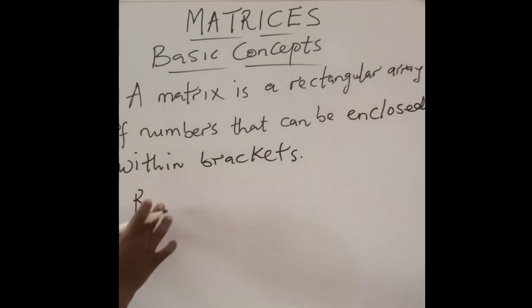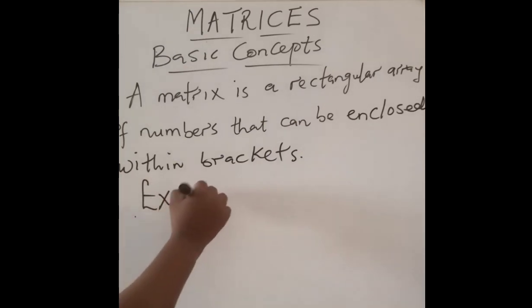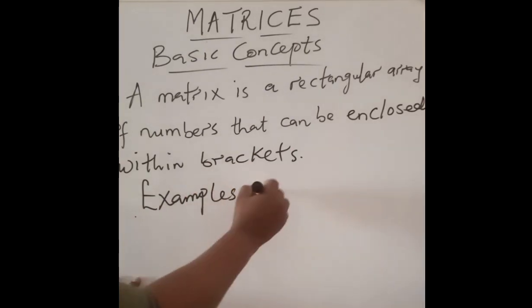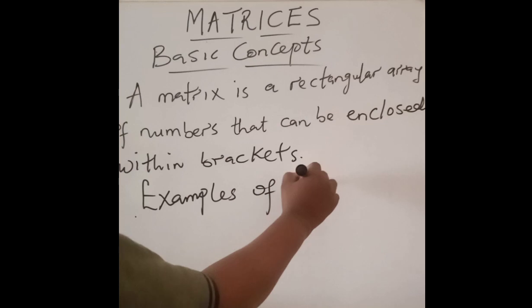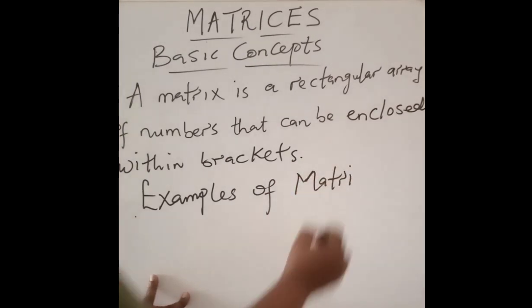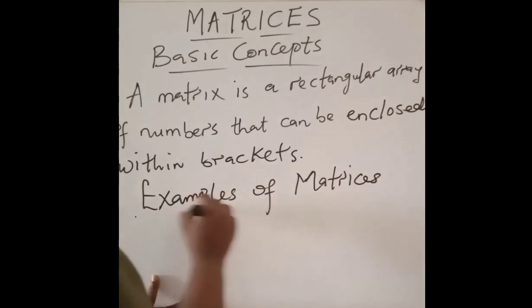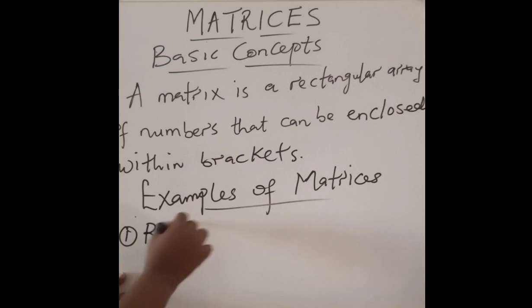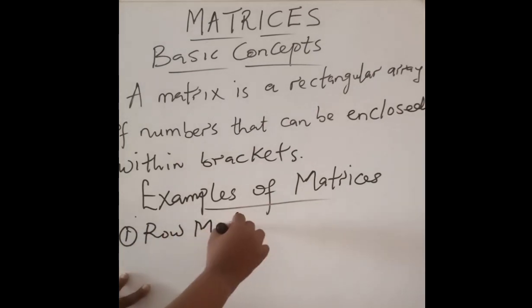So let's look at some examples of matrices. We have what is called a row matrix.